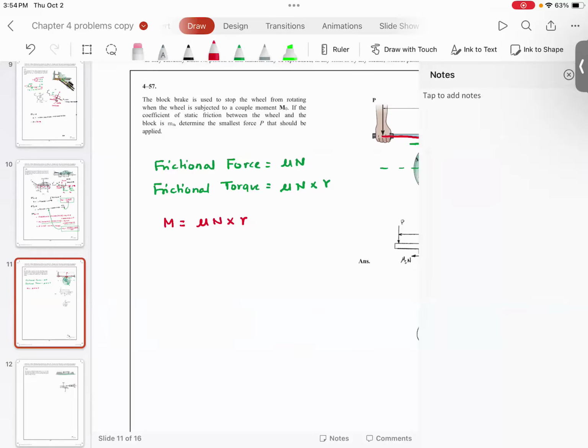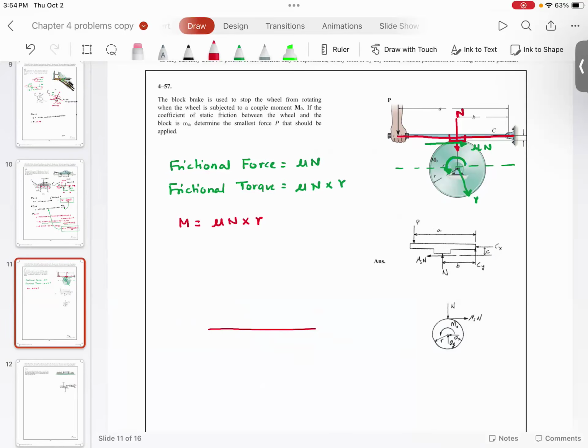Now, if you look at the free body diagram of the lever, on this lever you are going to have a downward force P. The normal reaction is going in this direction, so the force here is going to be N. This distance is going to be B, and this distance is going to be A. So if you take moment about C, summation of moment at C is equal to 0.